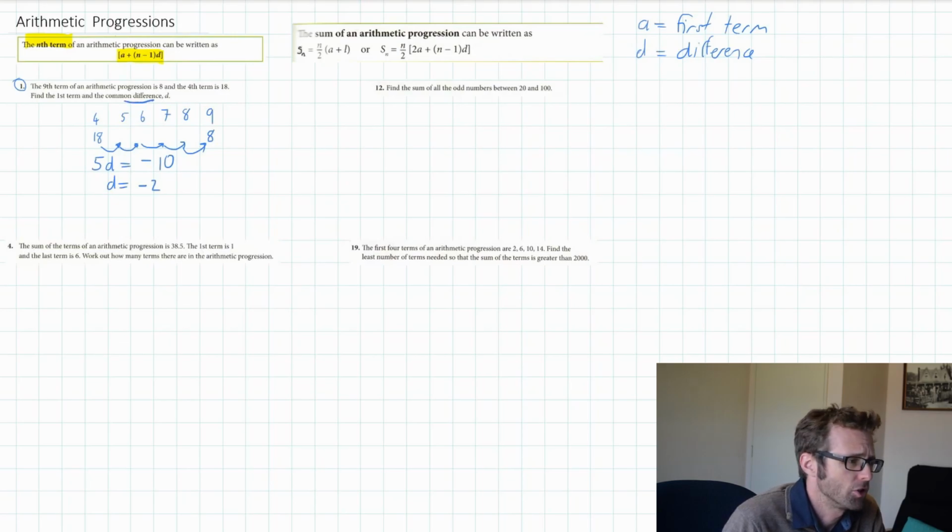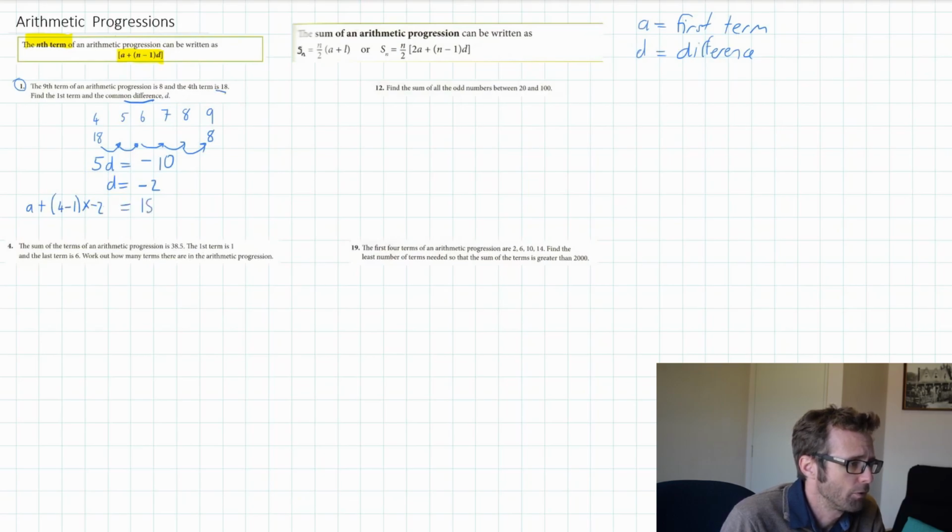Now I've got to find the first term. So to find the first term, I'm going to use the whole formula here. A plus, now I know my fourth term, so I'm going to use a 4 here, is equal to 18.